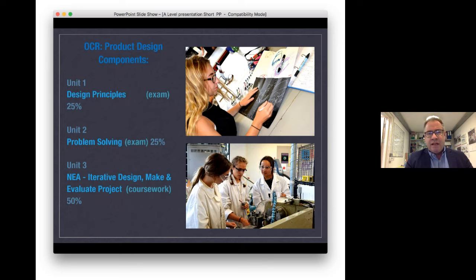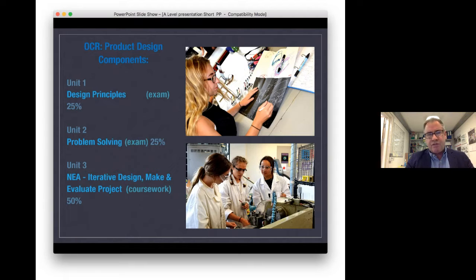If we look at the way that the course is structured, I'm going to start at the bottom actually, because you're all familiar, having taken D&T at GCSE level, you're all aware of the NEA. And the NEA is a design and make exercise over many, many weeks, except this time there's no theme.